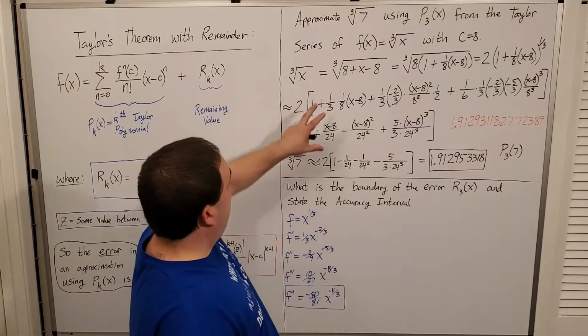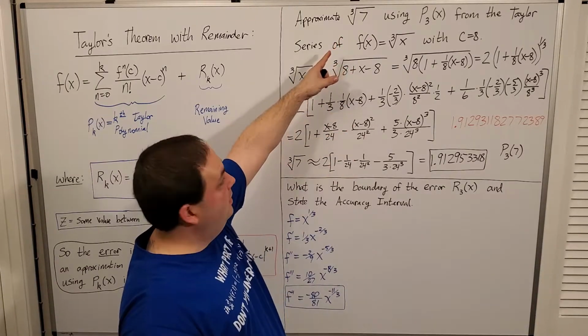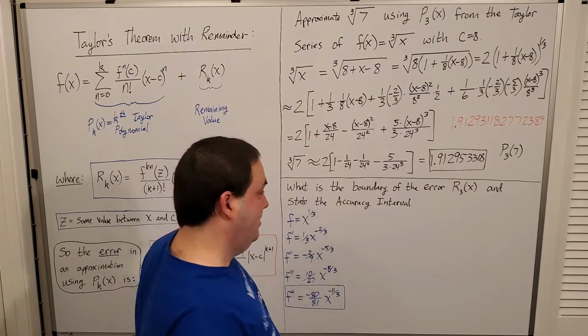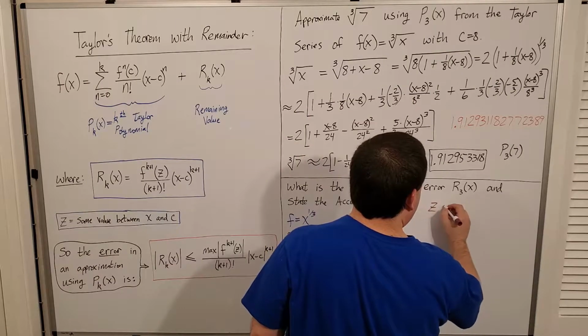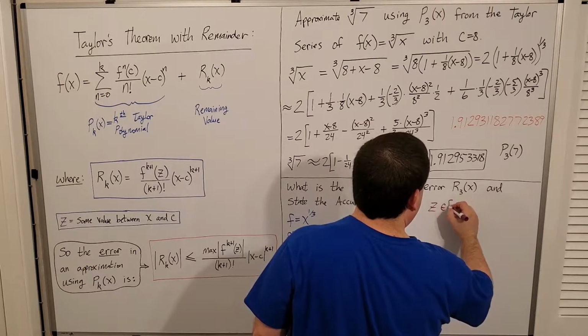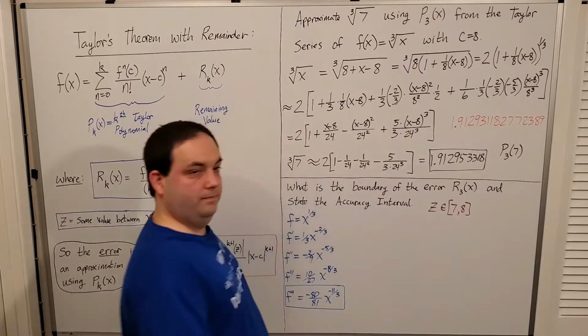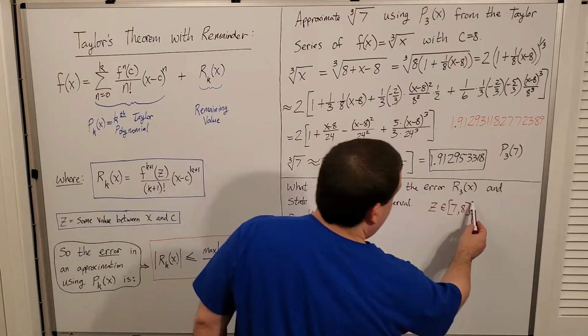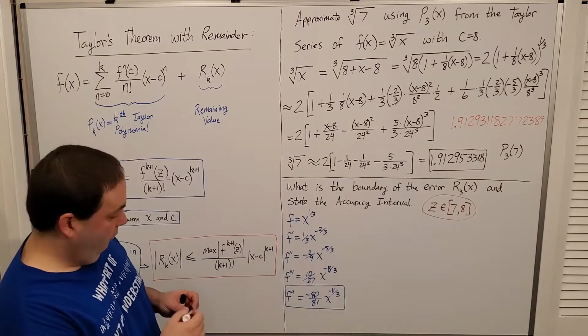Now, in our particular problem, the x value that we're picking is 7, and my c value is 8. So the z that we're going to pick has got to be somewhere between 7 and 8. That's between our x value and our c value for our series.